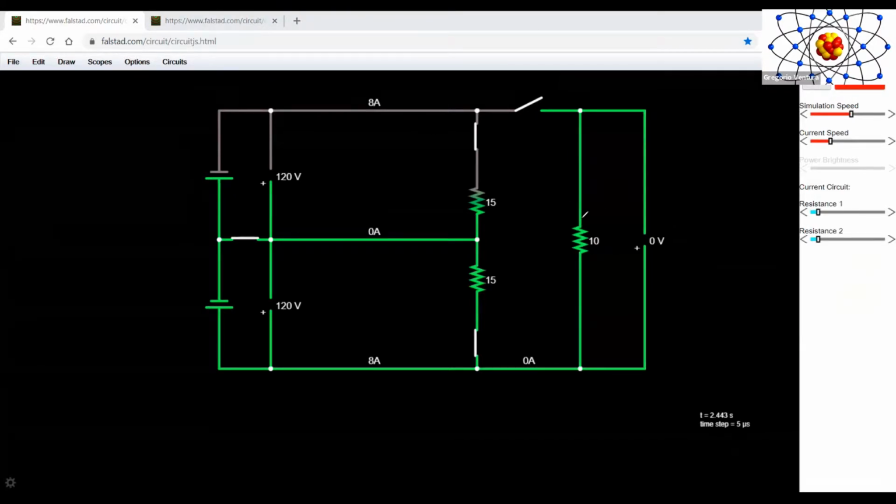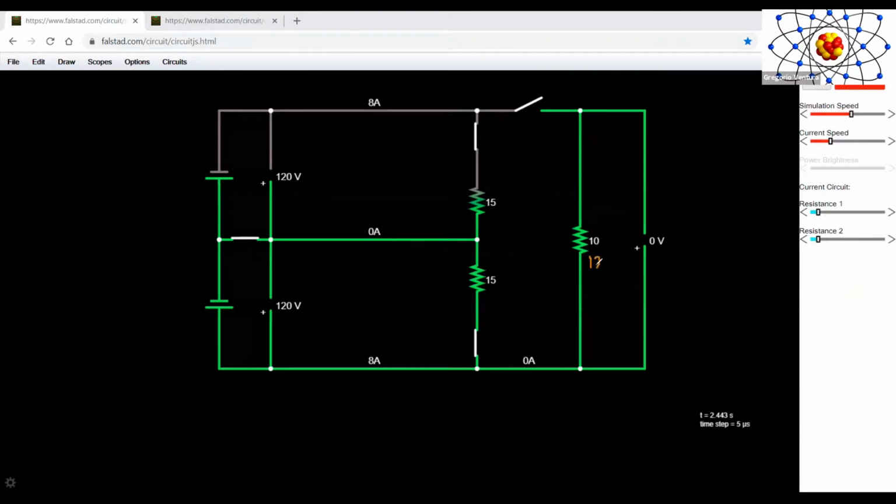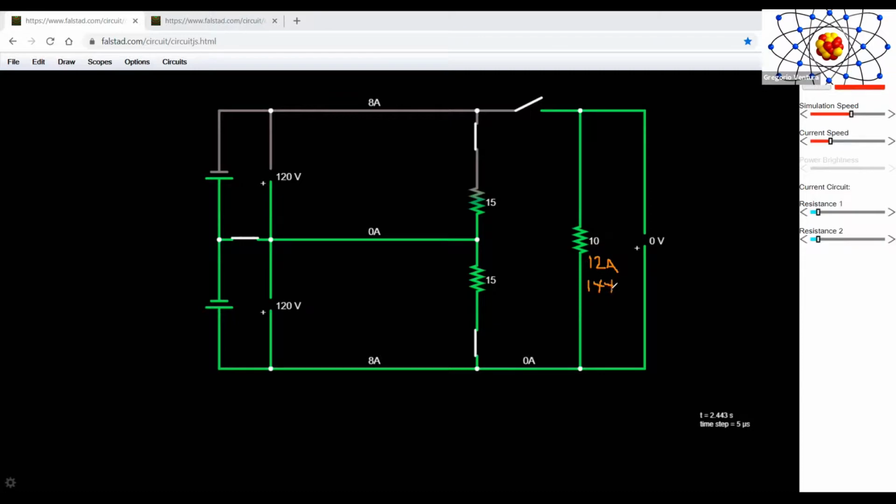If this resistor was rated for 120 volts, and we apply 120 volts to that resistor, which I'm going to suppose is a heating element, it would draw a current of 12 amps, and then it would have a watt rating of 1440. So that's the case at 120 volts.